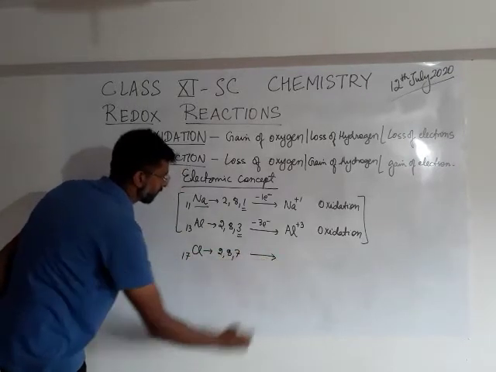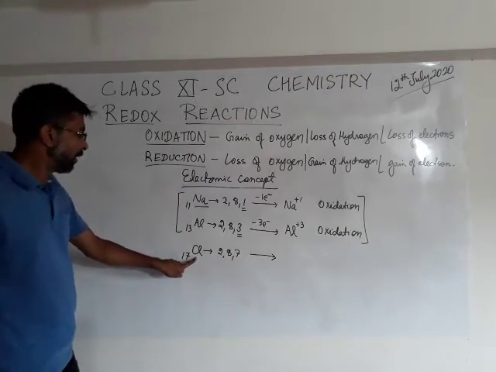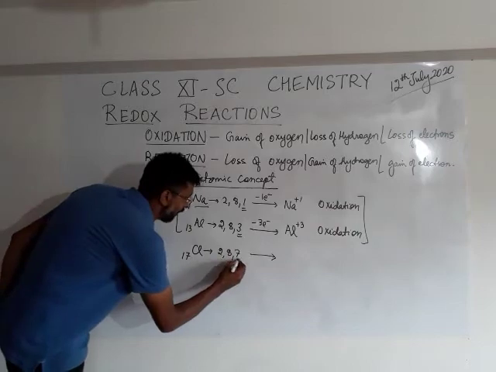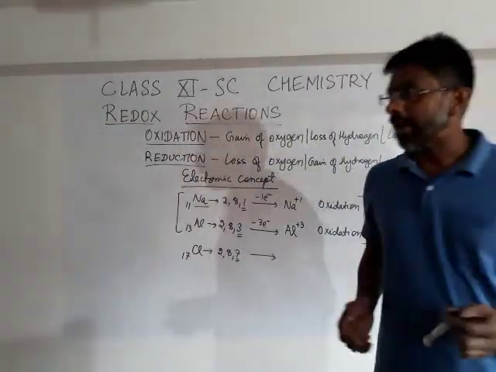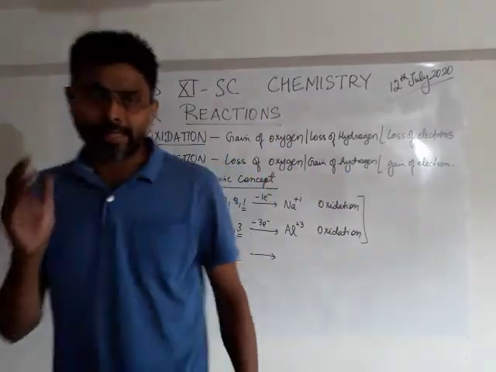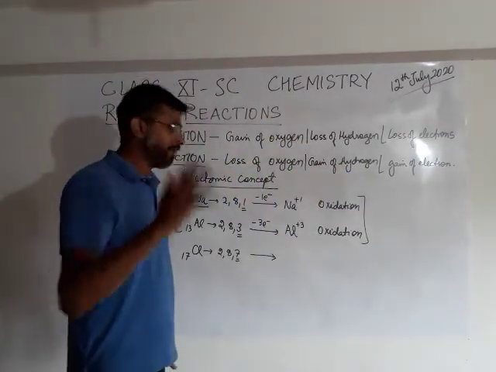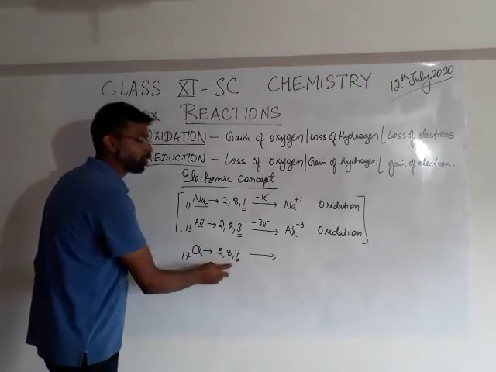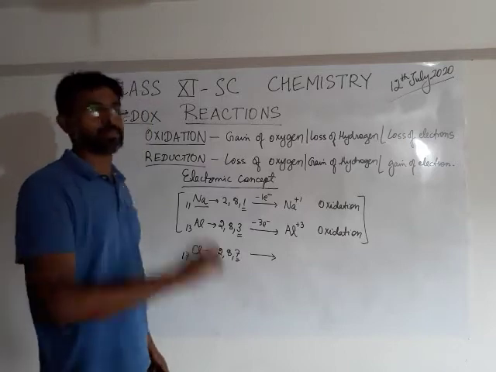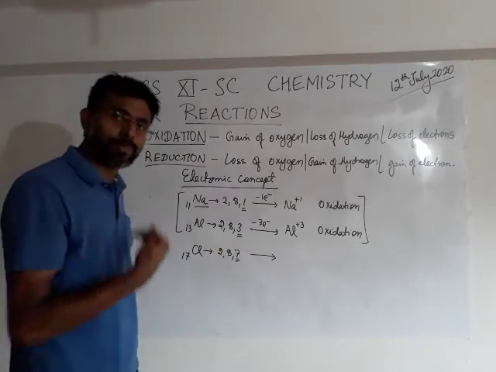Look at that: this element chlorine has 7 electrons in its valence shell. You must have learned in classes 8, 9, 10 that elements which have 4, 5, 6 or 7 electrons in their valence shell are supposed to be non-metallic in nature.